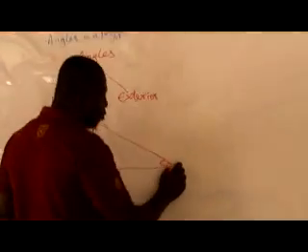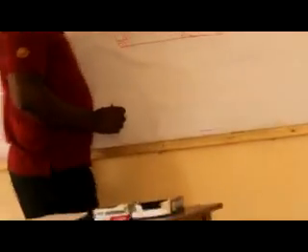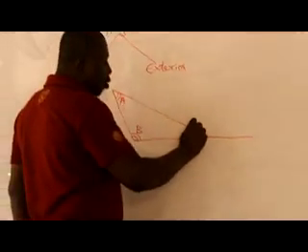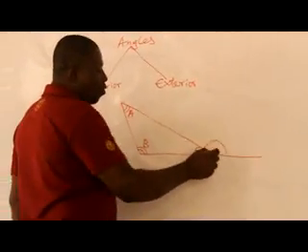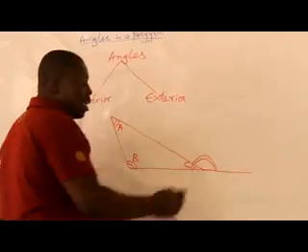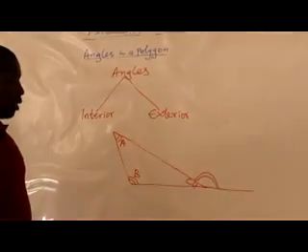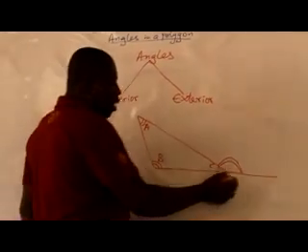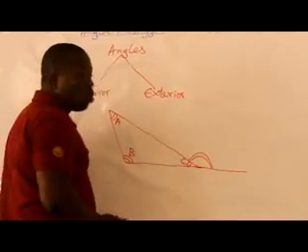The exterior angle of this polygon will be formed by extending a vertex from this angle. The exterior angle will be this one, formed from a straight line. So this is the exterior angle. For us to get the exterior angle, remember, angle in a straight line is equal to 180.